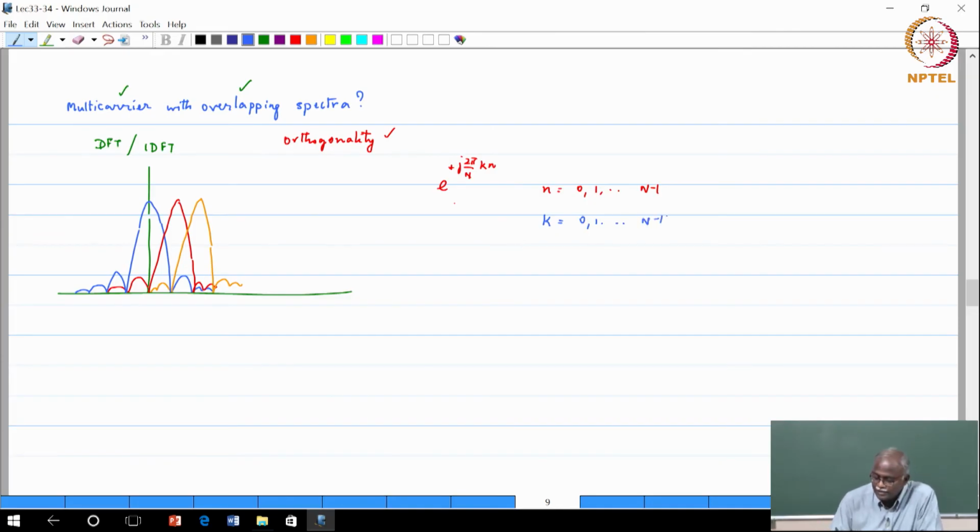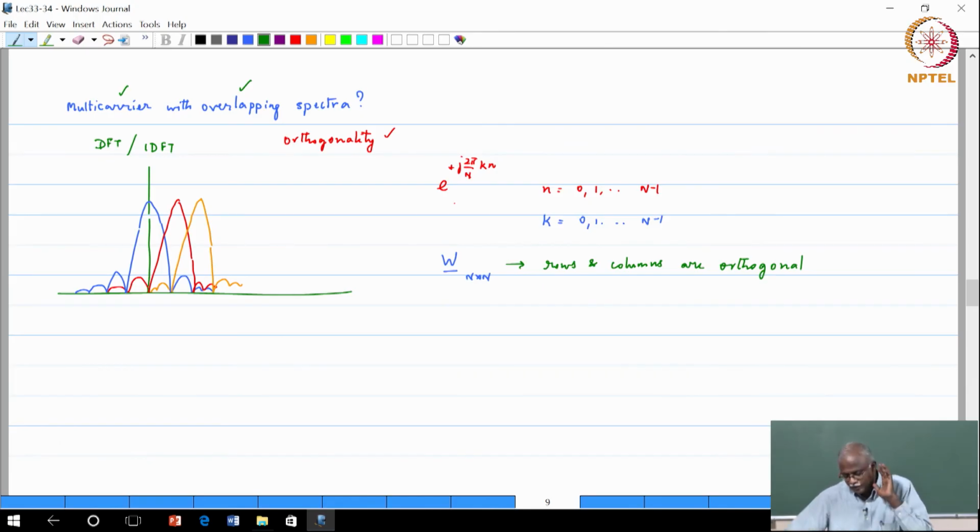And these are effectively the entries of the W matrix, which is an N cross N matrix, and we know that the rows and columns, you can think of it in terms of rows or columns, does not matter, you get the same interpretation. The rows and columns are orthogonal. That means you can separate them without interference, so that is essentially the property of orthogonality.